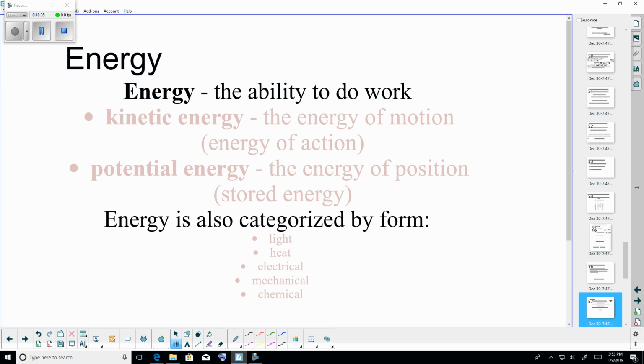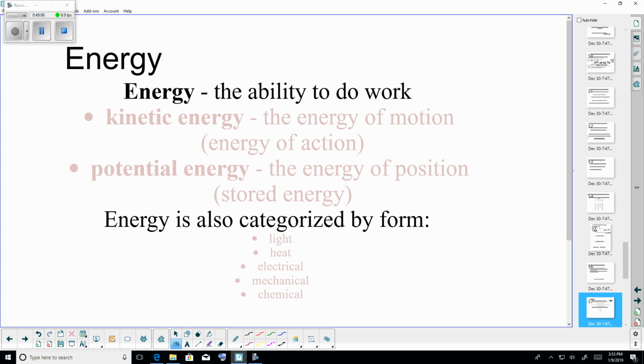Two types: potential energy and kinetic energy. Kinetic energy is the energy of motion. If you look at a dam, the water behind the dam is potential energy. If the dam breaks, you're going to see a lot of kinetic energy, briefly.